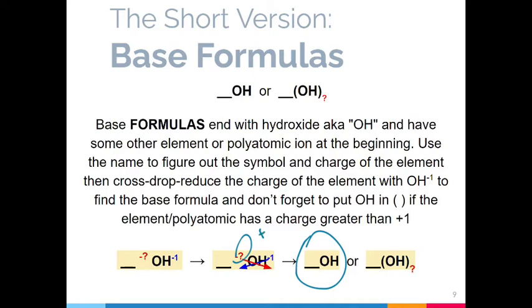If that charge is like a +2, 3, 4, anything greater than a 1, when that crosses over onto our OH, we have to put it in parentheses. So this is only going to be for 2s, 3s, 4s, etc. If it's a 1, then we should just write it out straightforward, just something OH.